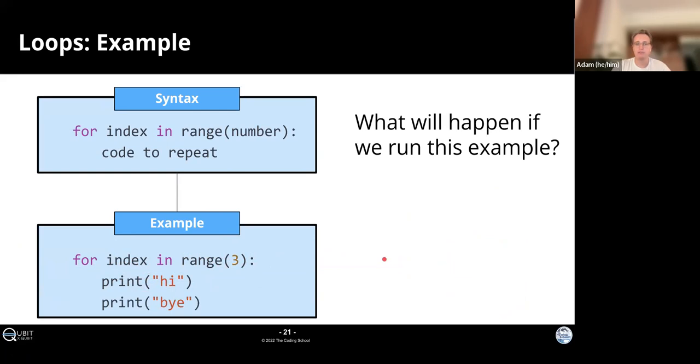Let's look at another example. Let's say I do this. What will happen? Notice a few things changed here. What do we think will happen here?